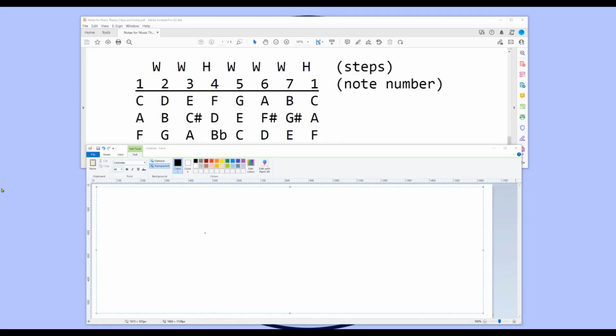Hi, in this video, we're going to cover what are the chords associated with any given key. Because up to now, we've only talked about the notes in a key, but as you know, we also have chords that are associated with every key.